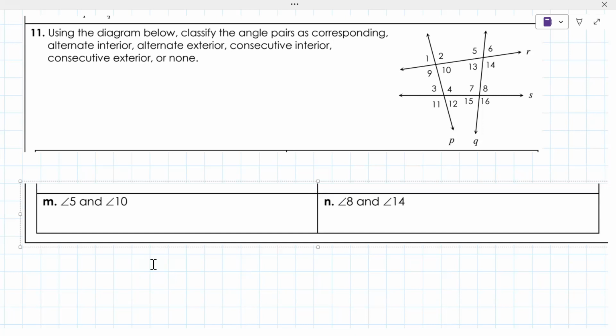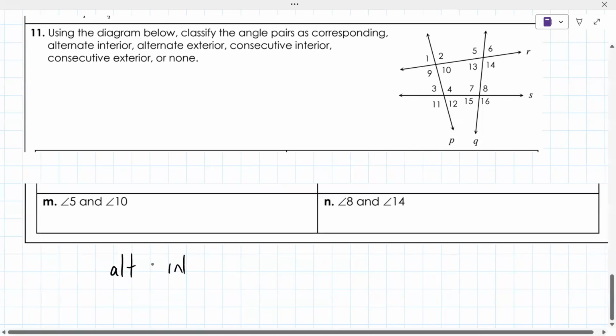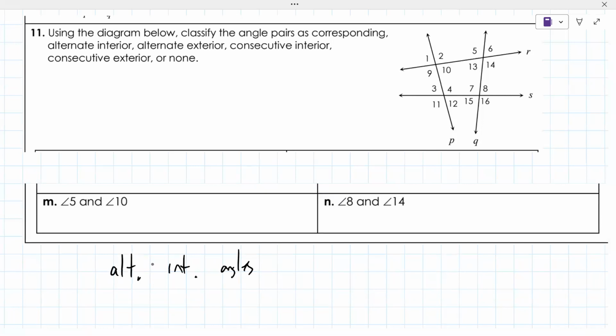M is alternate interior. Agreed? Sometimes you'll see three-letter abbreviations for them as well. And N is same side exterior.